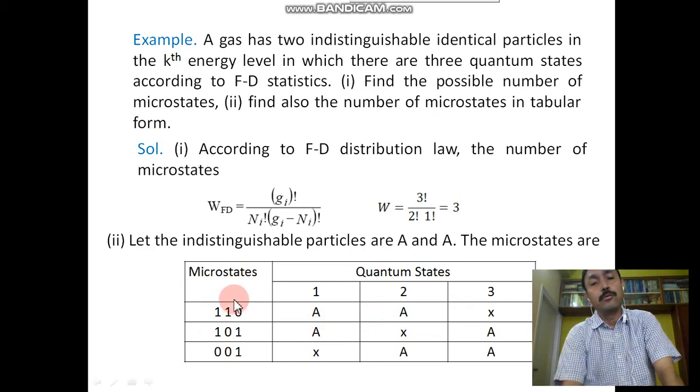These are the macrostates. For this macrostate, these are the microstates. For this macrostate, this is the microstate. For the 011 macrostate, the microstate is 0AA.